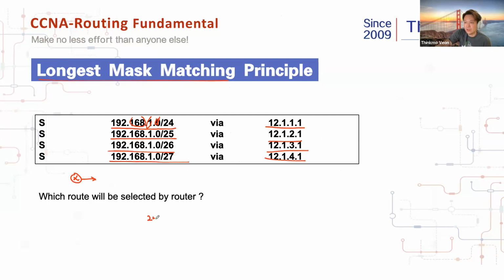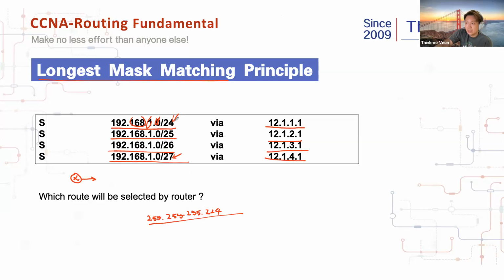It will be 255.255.255.224, right? This is the subnet mask of /27, if you have learned the IP addressing.